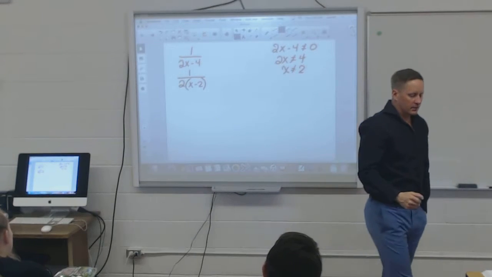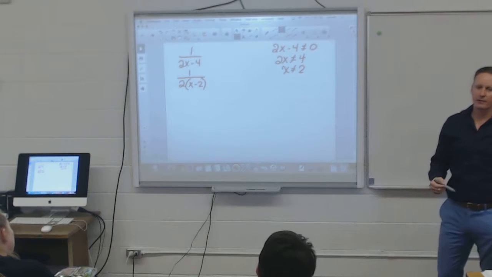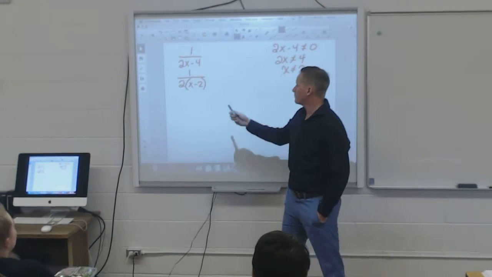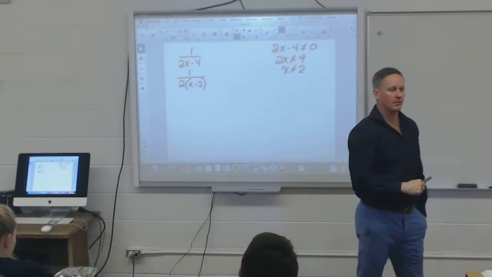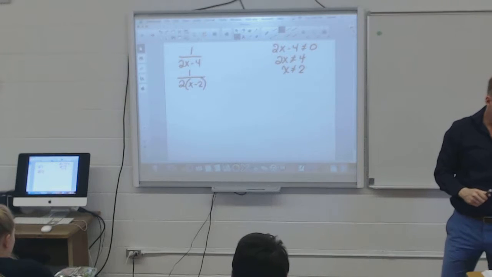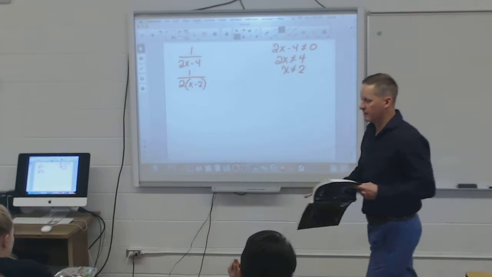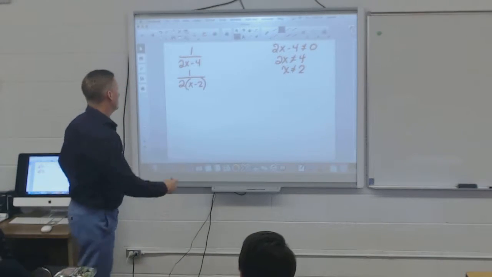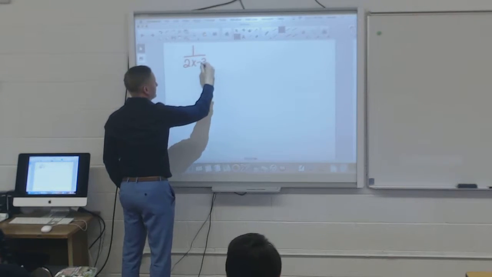Okay? So the first thing that we're focused on is your non-permissible values. You cannot have 0 on the bottom of a fraction. So then I'm trying to find out what value of x would give me a 0 on the bottom. If you look in your book, you can follow through in your book if you need to. Write this out as you go. So the first one in your book is 1 over 2x minus 3.